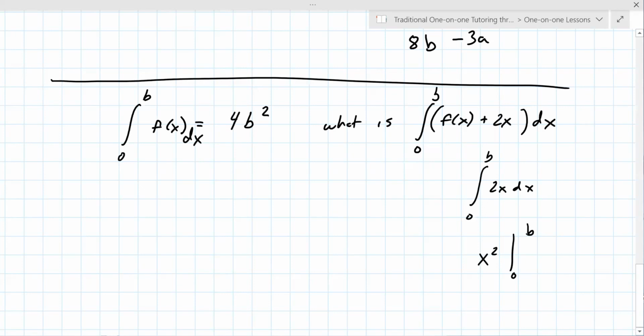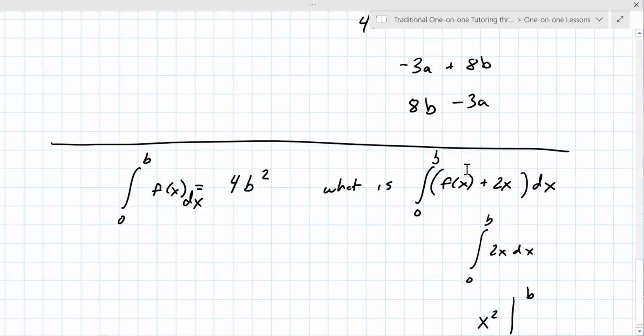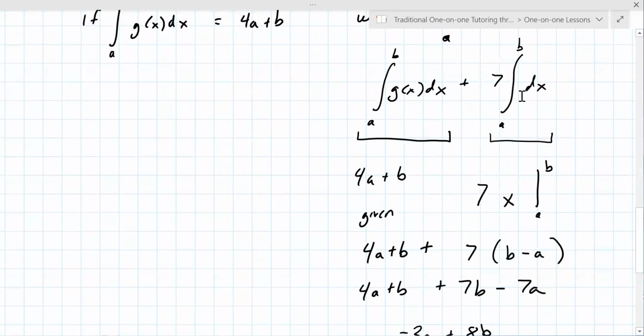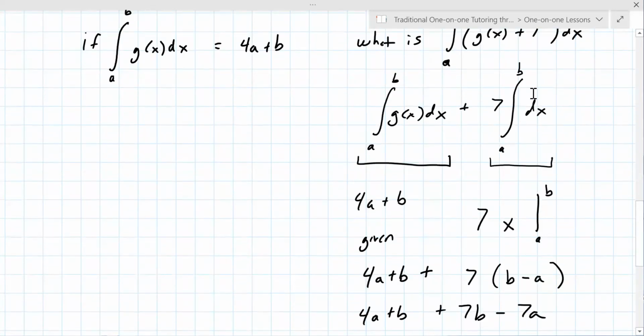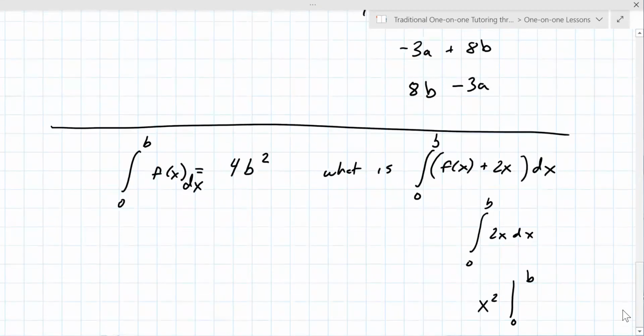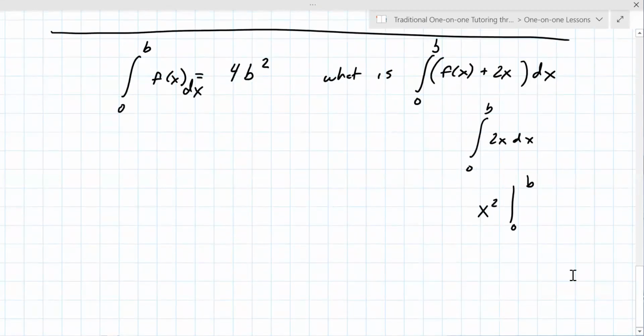In the last one, with the 7, did we? It was just dx. There was no x. I see. Okay. So this becomes the integral from 0 to b of 2x dx, which is b squared.